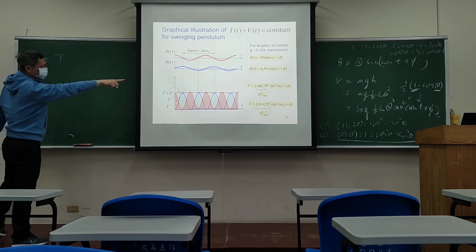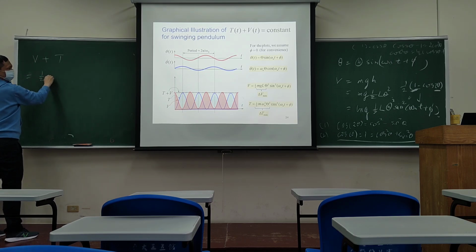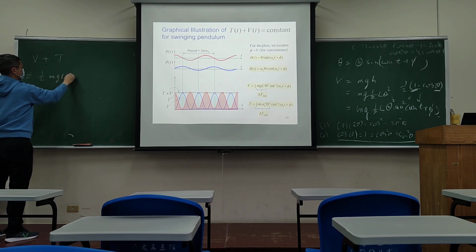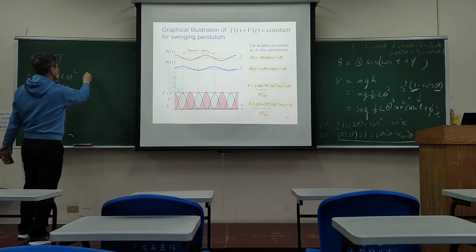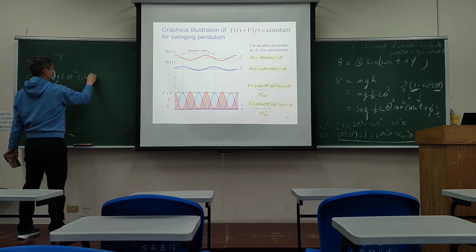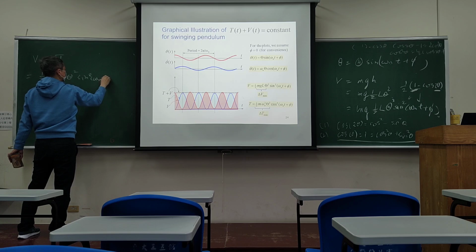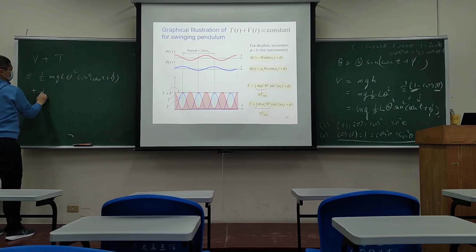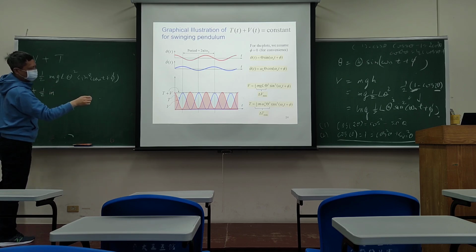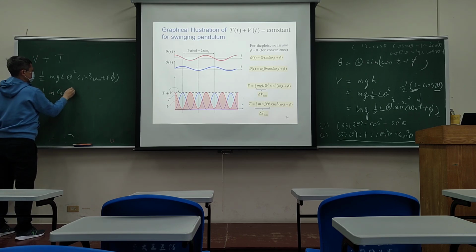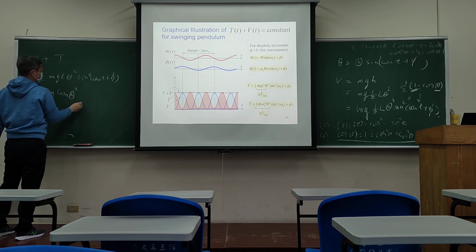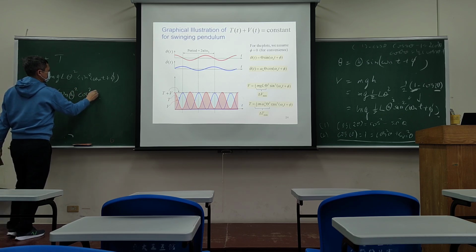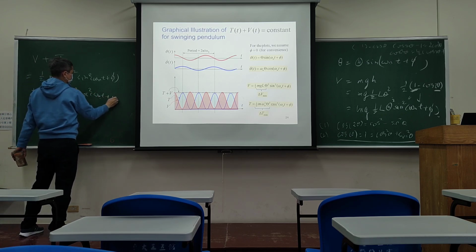So if I just copy down the equation: half m g l theta squared sine squared (omega n t plus phi), plus half m omega n squared theta squared cosine squared (omega n t plus phi).